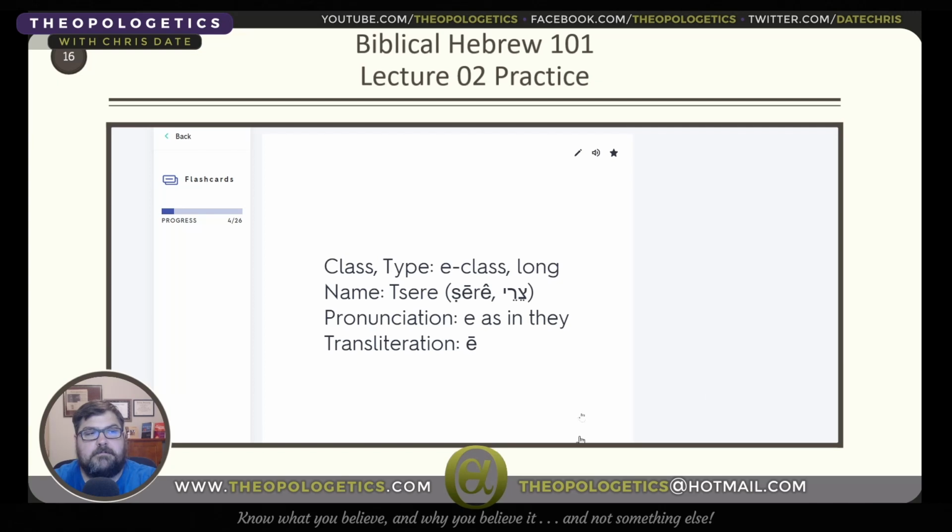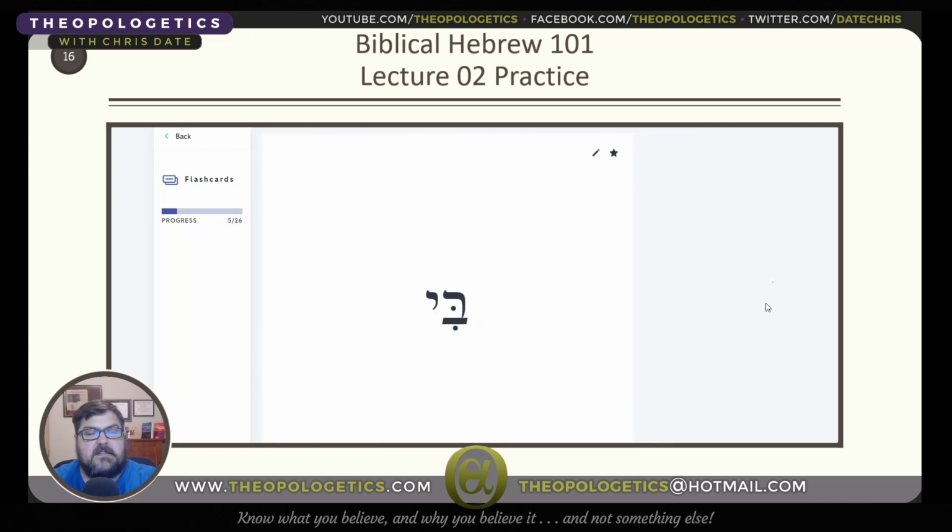All right, got it. This next vowel that has a dot under the consonant followed by a yod, what is that vowel called? That's the mater lectionis known as hirek yod. So this is an I-class long vowel. It's a mater lectionis, a mother of reading, or a vowel letter. It is pronounced like the I in machine.